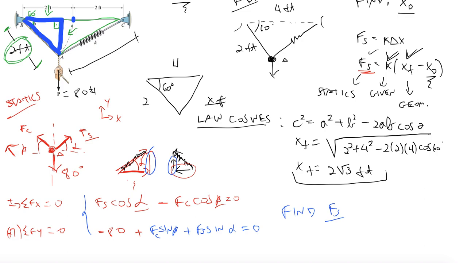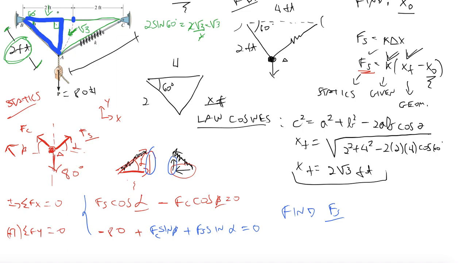So the side here is going to be 2 sine of 60, okay, and sine of 60 is square root of 3 over 2, so 2 times square root of 3 over 2, so this is just going to be square root of 3.